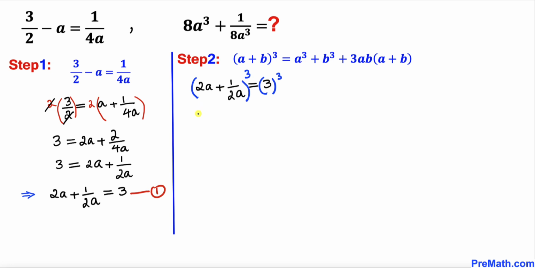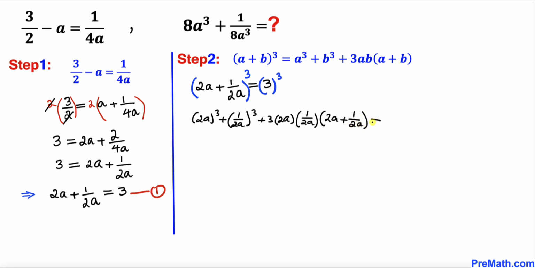So the left hand side could be written as (2a) whole power 3 plus (1 over 2a) power 3 plus 3 times 2a times 1 divided by 2a times (2a plus 1 divided by 2a).